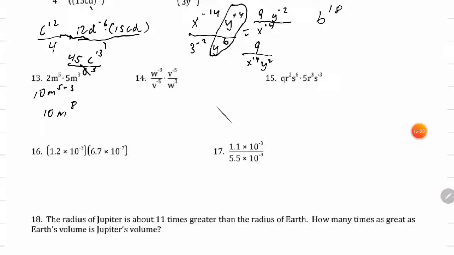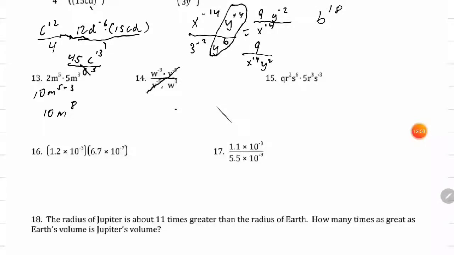Next up, if we have two fractions being multiplied together, I'm just going to combine that. So everything is being multiplied here. Now we'll notice that we have v to the negative 5 up top, v to the negative 5 on the bottom. That means we can cancel. Remember, we can only do this if we're multiplying everything on the top and bottom.